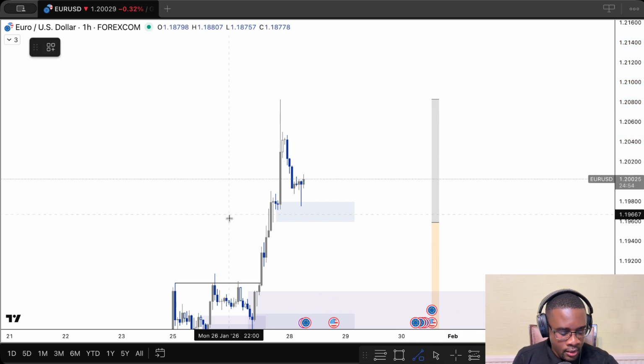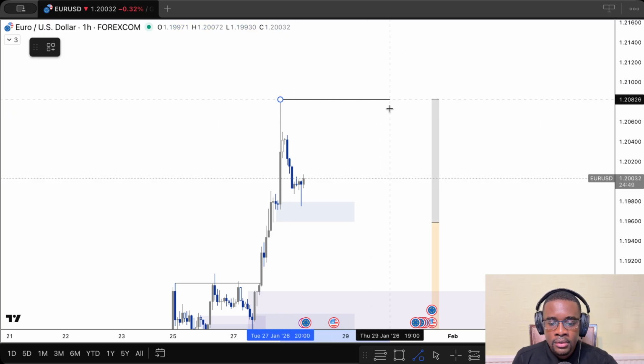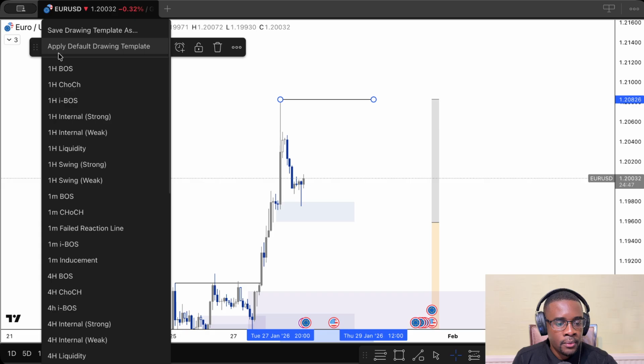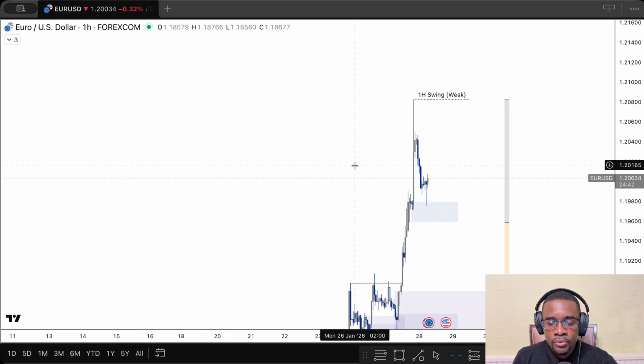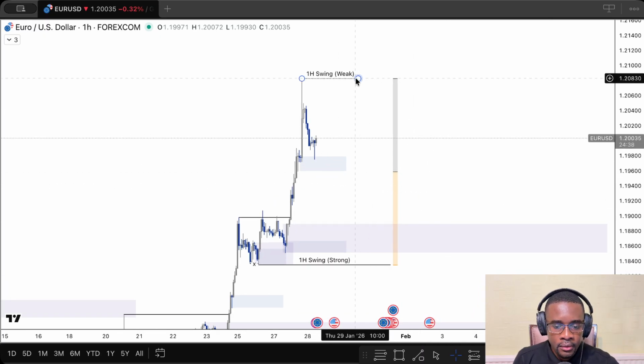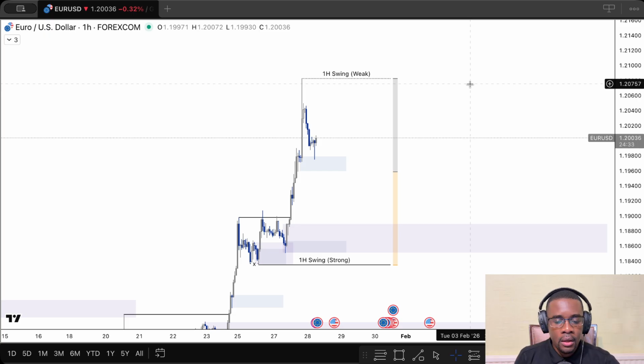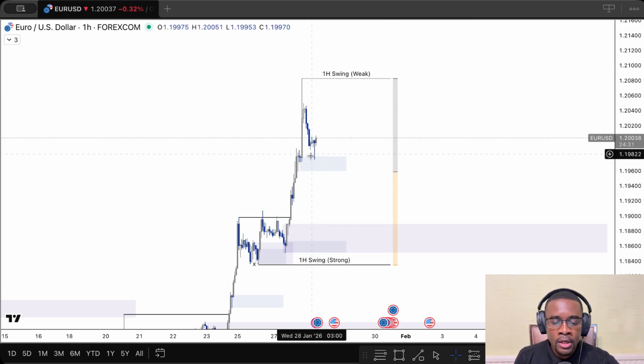So as of now, I will say that's a significant pullback. So I will call this my weak swing 1 hour high. Expectation is for price to take that out.